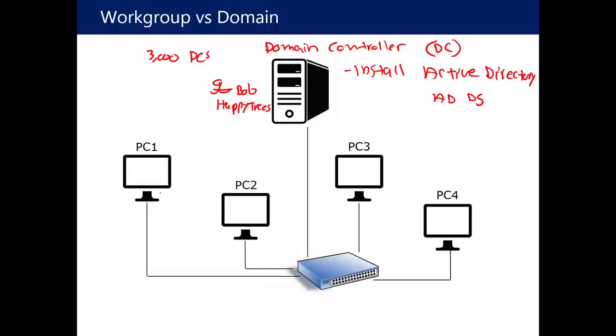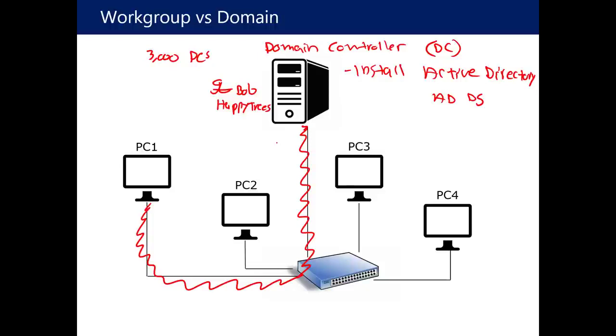So now, when Bob sits at PC1, he logs on, he types in Bob, he types in his password, and it sends that request all the way through the network up to a domain controller. The domain controller authenticates those credentials and says, yes, that is the right username, that's the right password, and Bob can log into PC1. But his account does not live in that Security Account Manager SAM database.